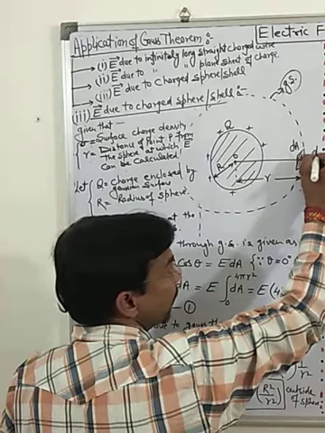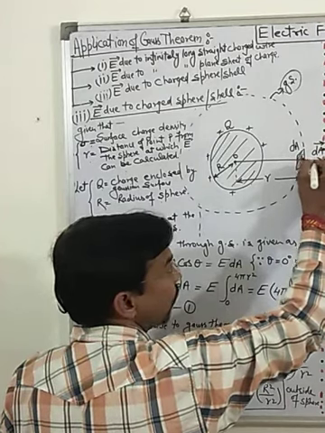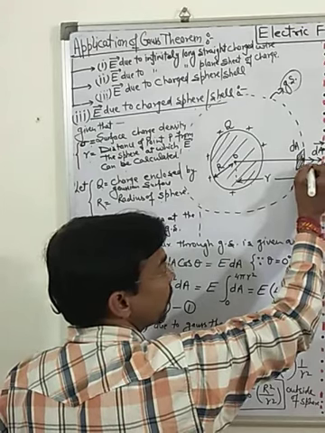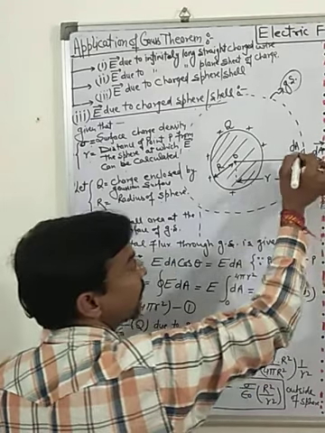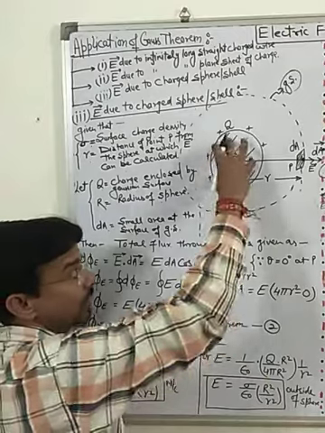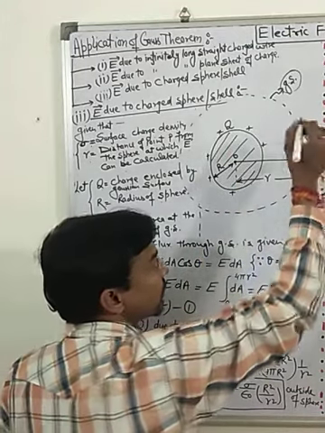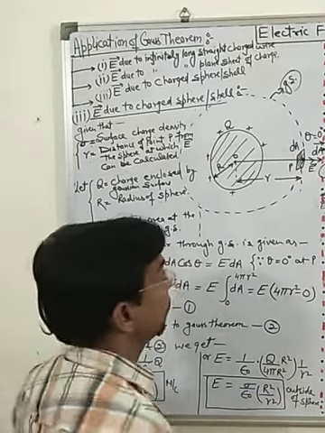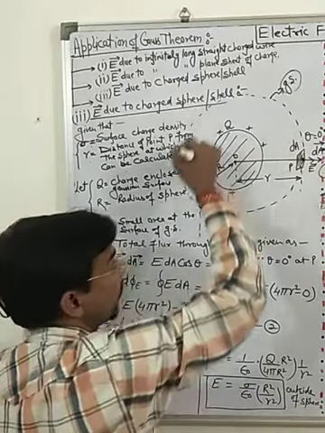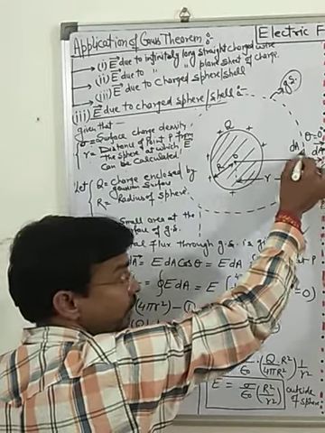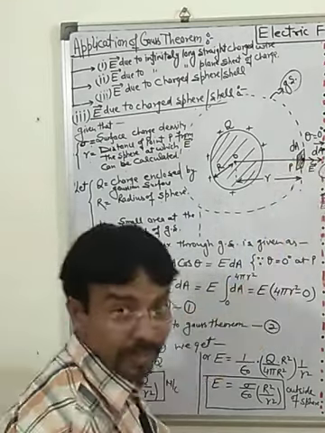The dA vector will be directed outward, as well as the electric field intensity, due to that charged sphere. And you know very well, the angle theta between them will be 0. So now that Gaussian surface is given, and we will find the small flux passing through that dA area.